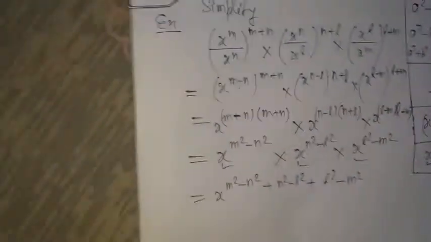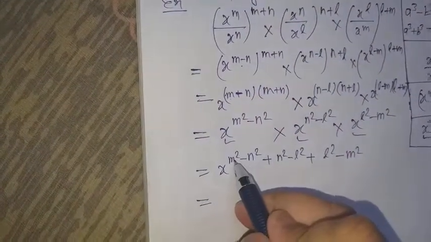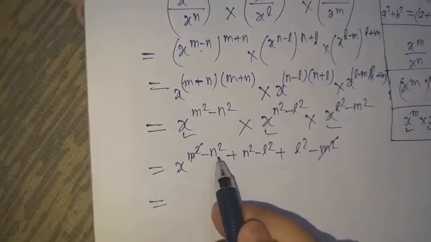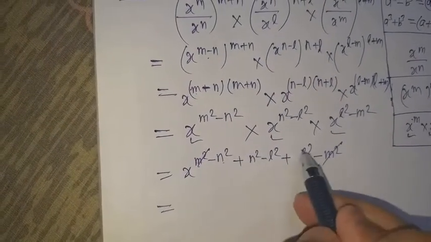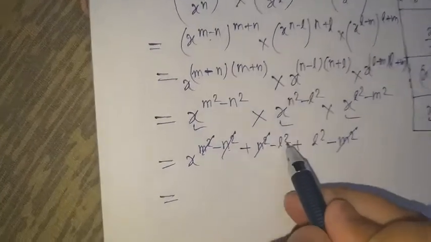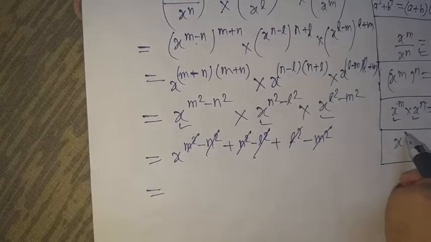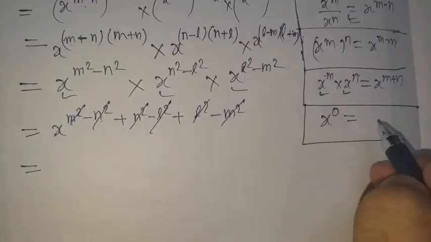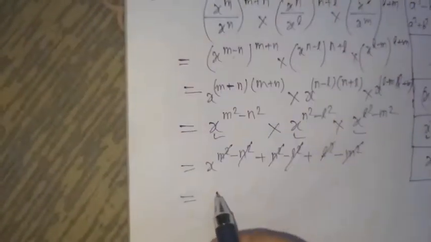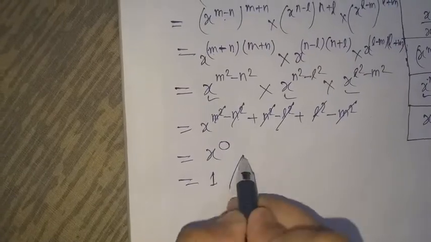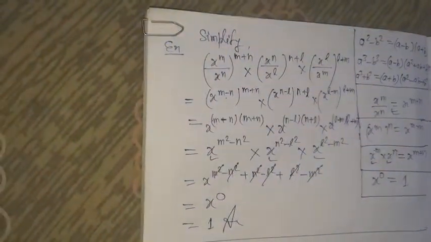Just apply this formula. So m square positive and m square negative cancel out, n square negative and n square positive cancel out, l square negative and l square positive cancel out. And as you know, any number to the power 0 is equal to 1. So this all becomes x to the power 0, which becomes 1. So this is the simplified form of this question.